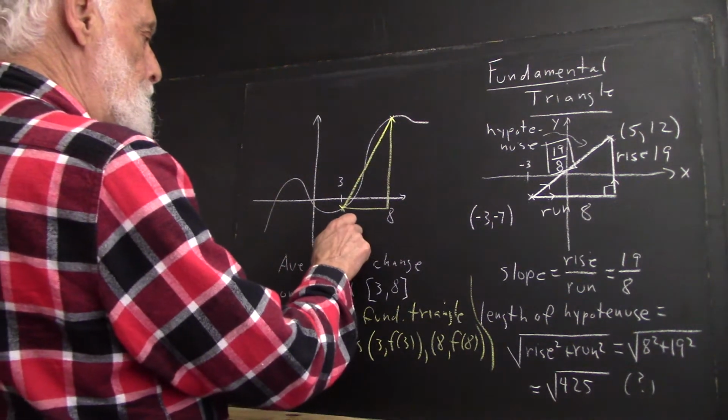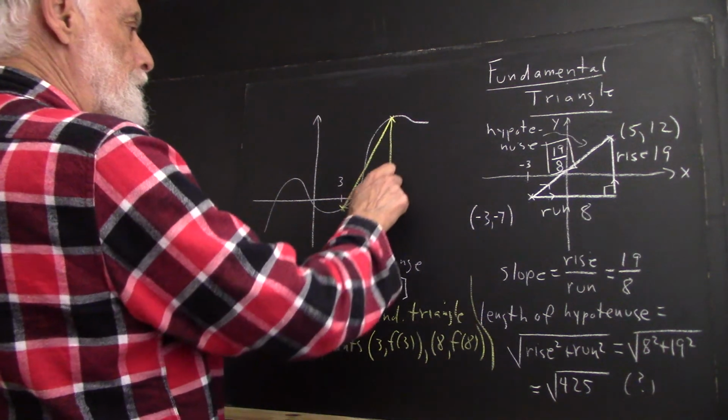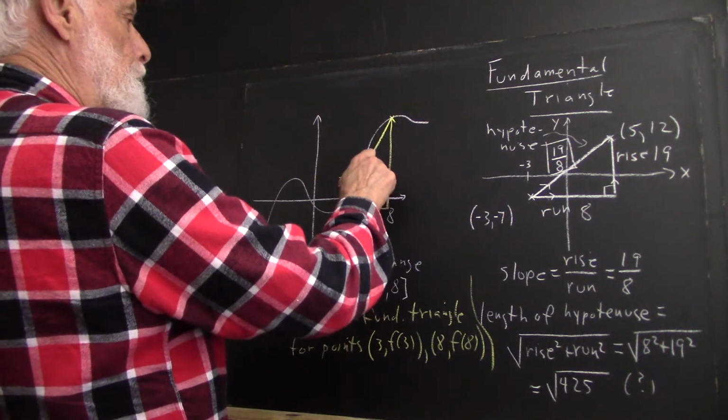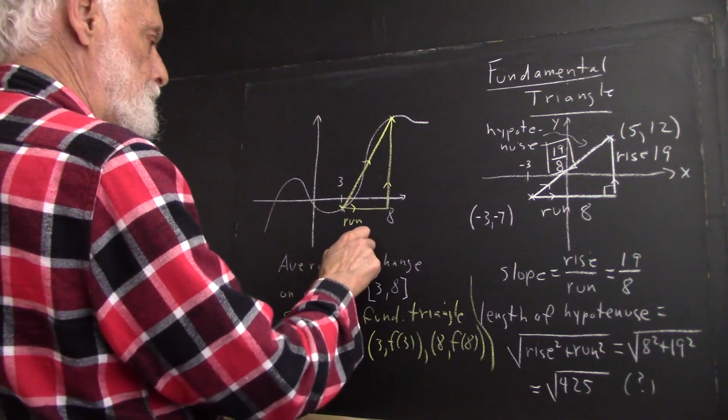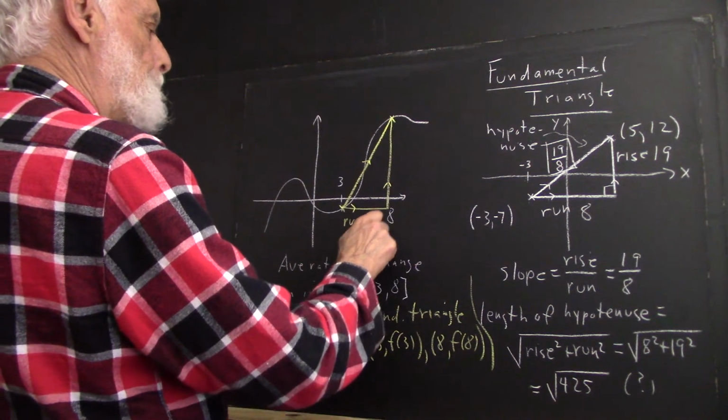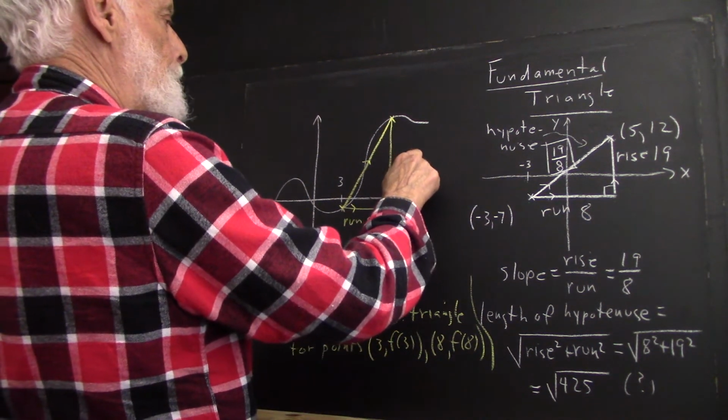So you have a run. First of all, let's choose positive directions. You have a run of 5 and a rise.